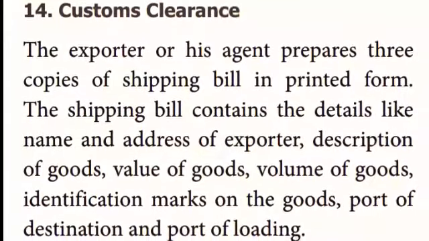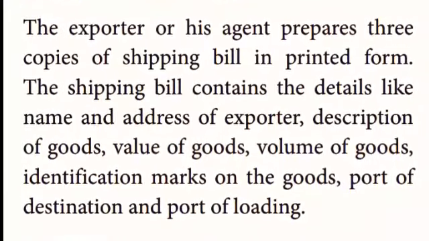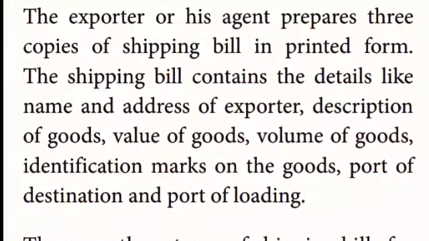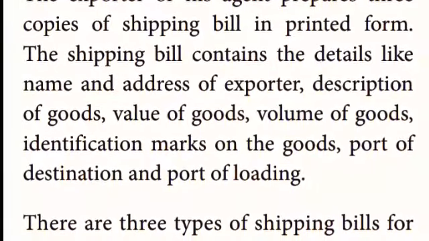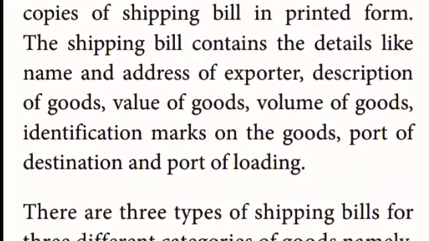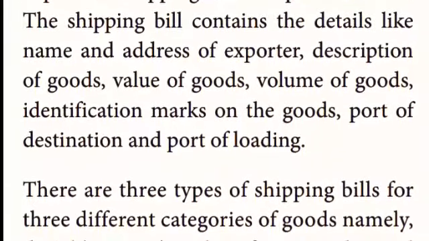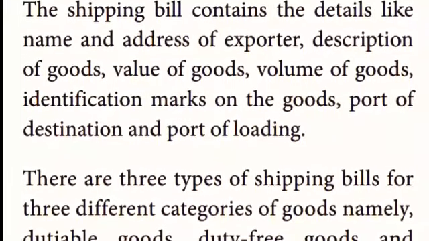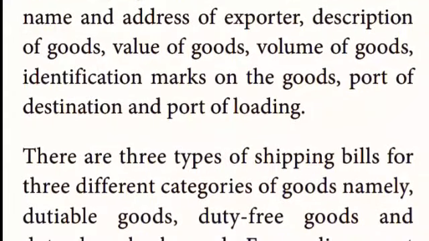Next one, customs clearance. The exporter or his agent prepares 3 copies of a shipping bill in a printed form. The shipping bill contains details like name and address of the exporter, description of the goods, value of the goods, volume of the goods, identification marks on the goods, port of destination and port of loading, everything in that bill.